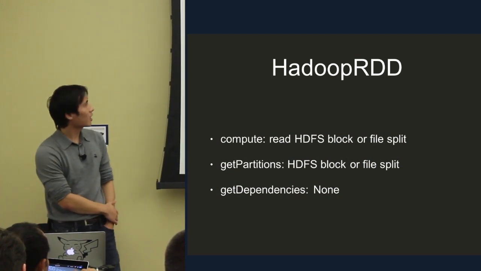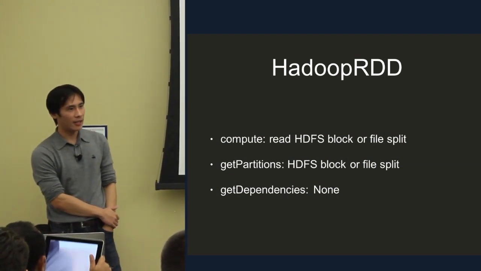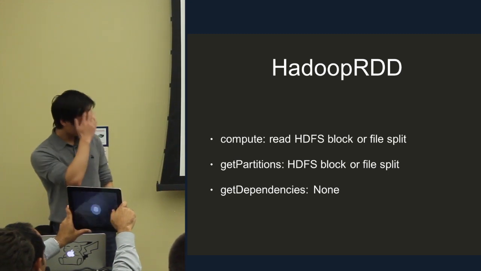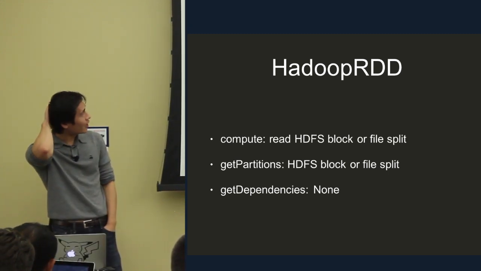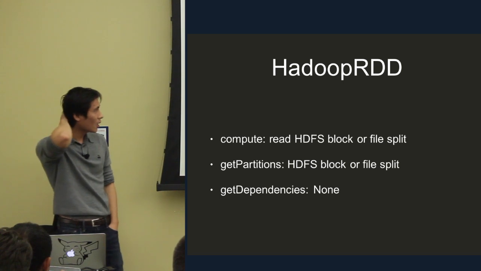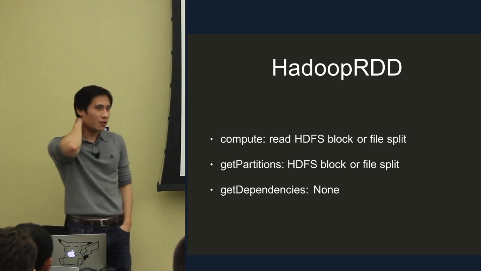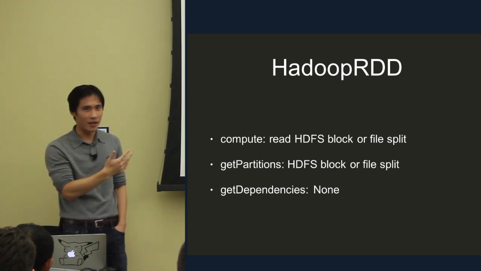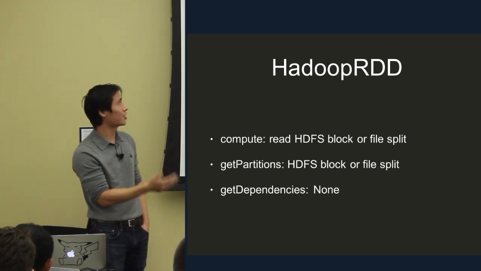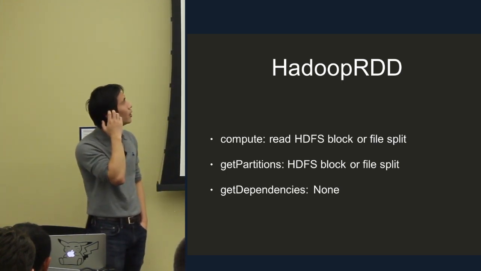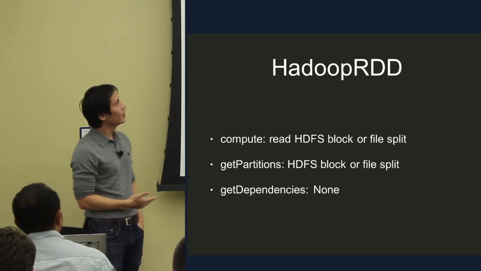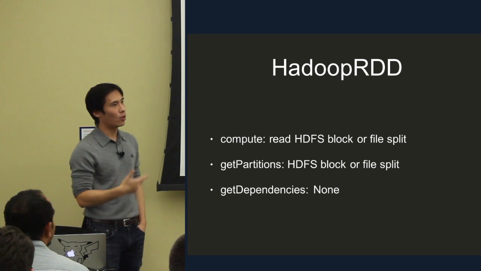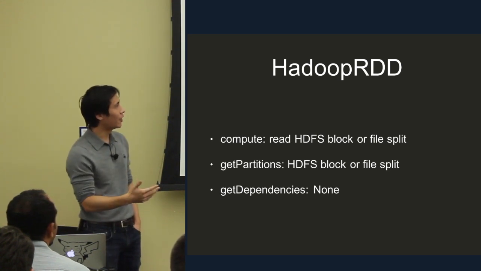When we call .textFile to load a text file from my local computer into an RDD, the RDD it generates is called a Hadoop RDD. A Hadoop RDD generalizes over text, but it can also support HDFS blocks with special optimizations. In the case of the Hadoop RDD, the compute is just reading the HDFS block or a section of the file.